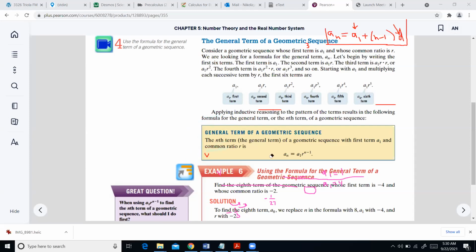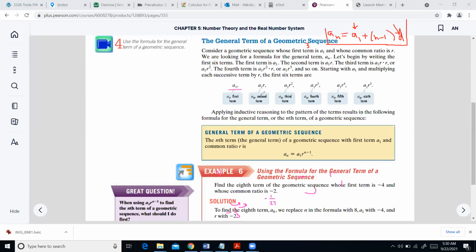So how do we produce the so-called nth term of this sequence? Well, analogously to the previous example with the formula for the arithmetic sequence, notice that my first term is A1.